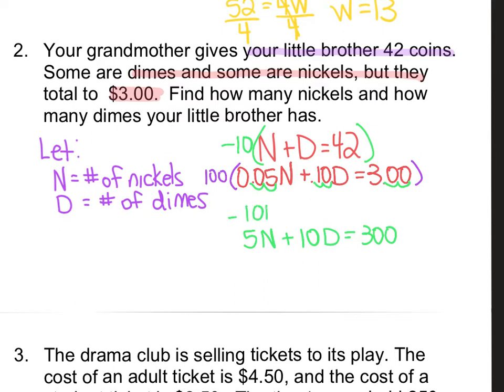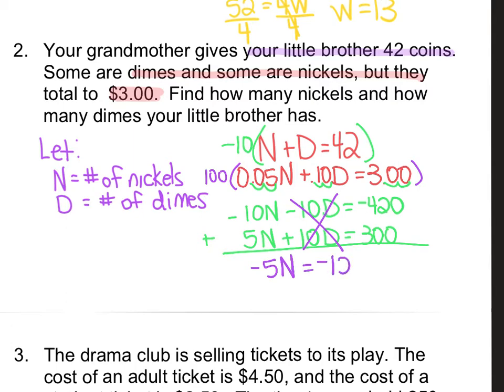So I'd get -10n minus 10d equals -420. Now for elimination, I can see that I can eliminate my dimes and that I am going to be left with -5n equals -120.